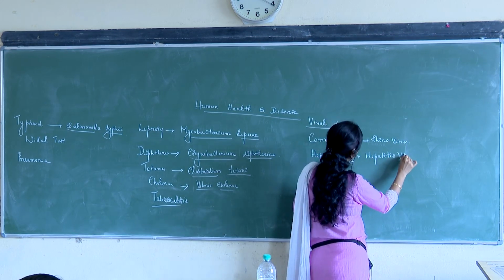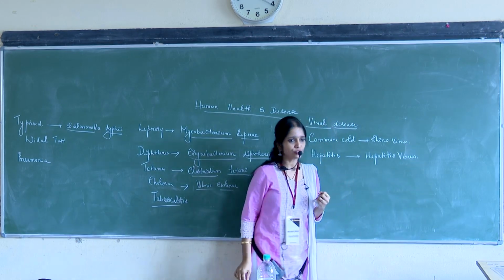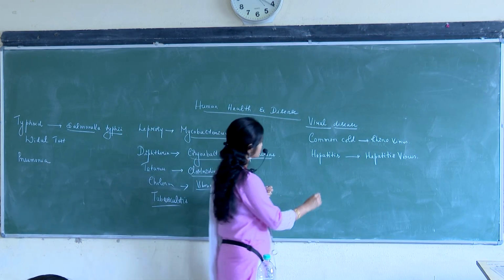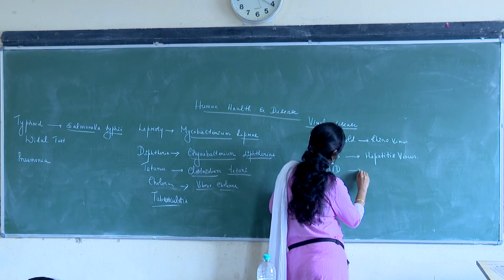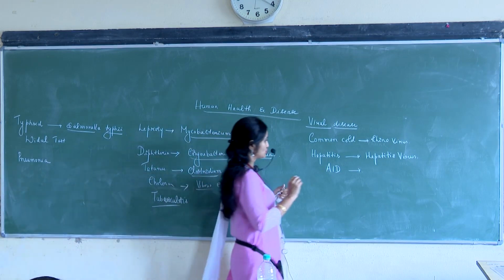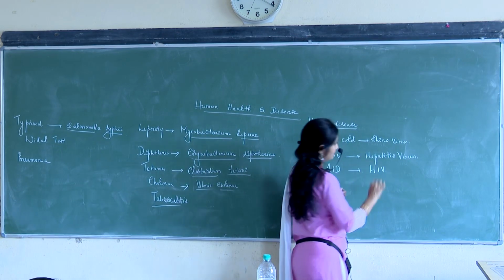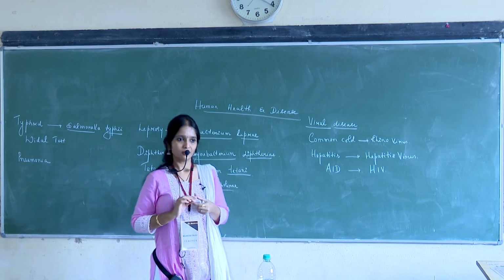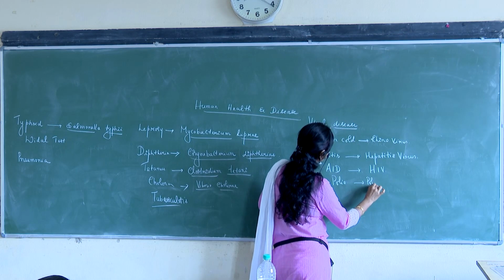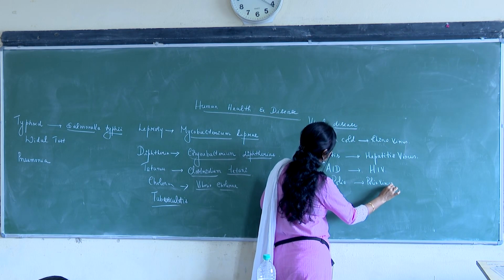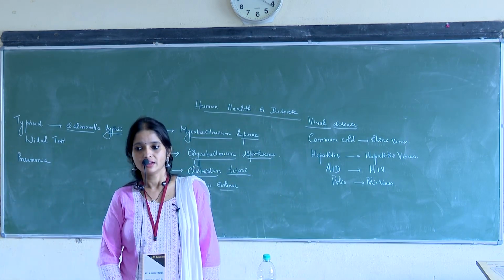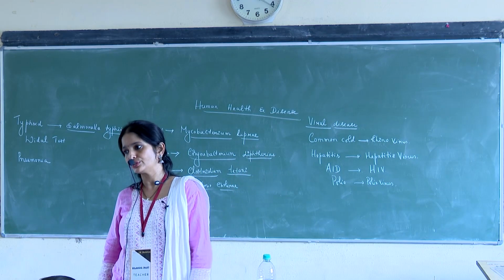There are different types of viruses, A, B and so on. AIDS, right, caused by HIV, human immunodeficiency virus. Polio is caused by polio virus. So these are all viral diseases.